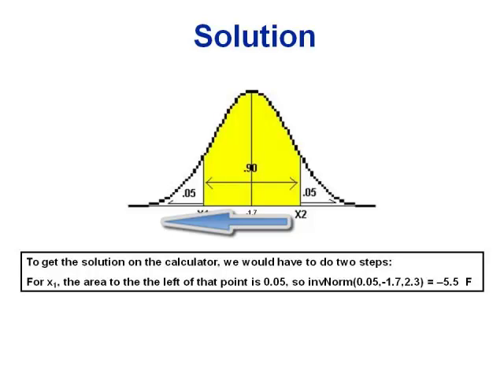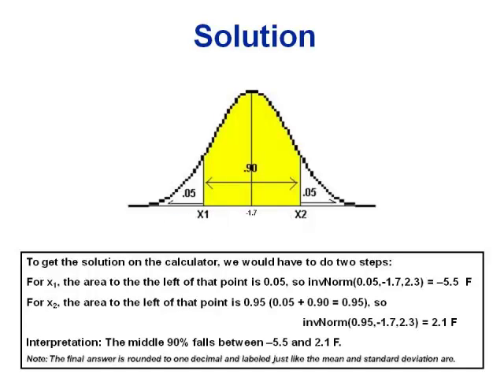So to the left of the second cutoff is 95% or 0.95. So to calculate that one, we'll put in inverse norm 0.95, mean, standard deviation, and so that tells us that the cutoff on the right for that middle 90% would be 2.1. So the middle 90% falls between negative 5.5 and 2.1 degrees Fahrenheit.